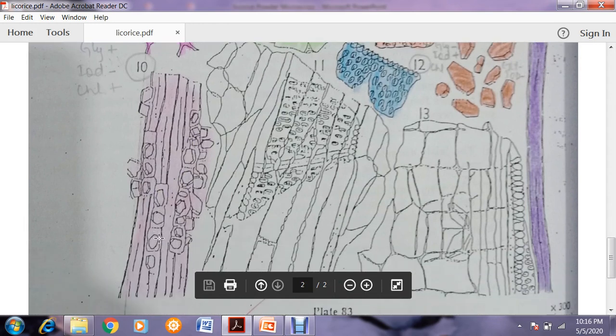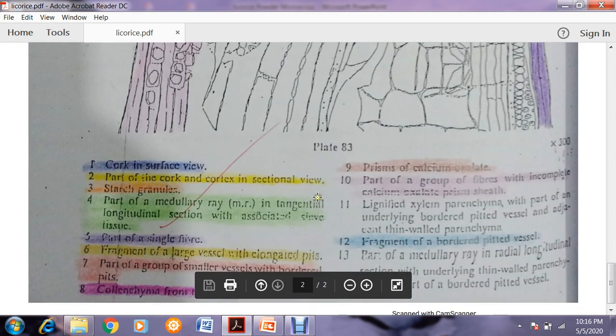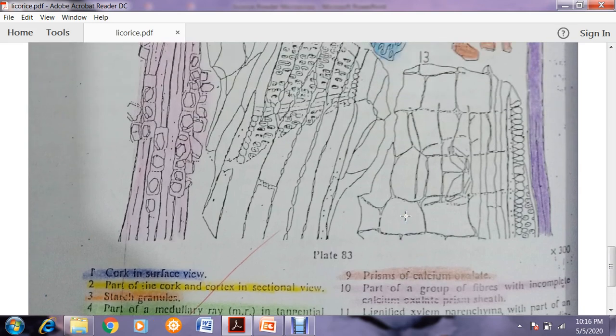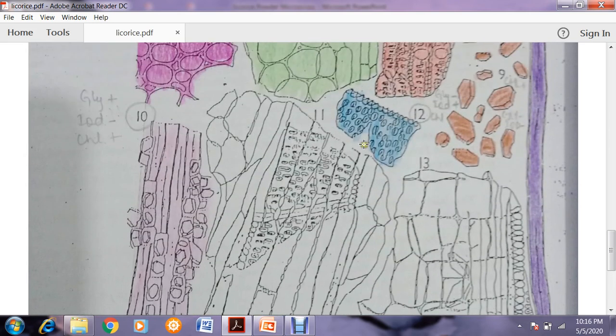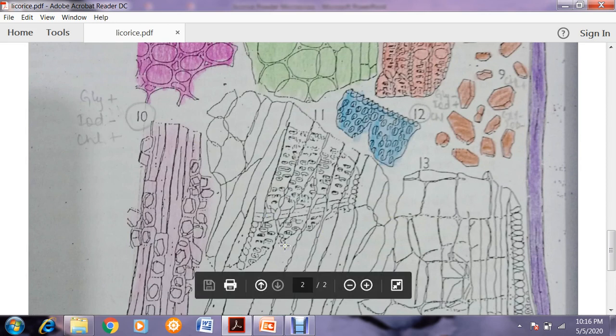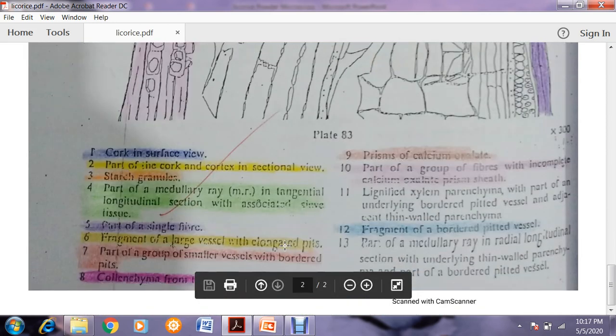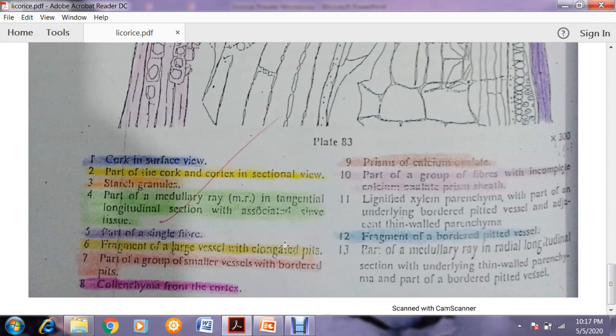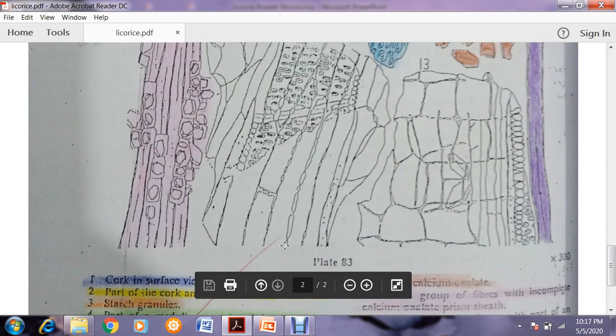Number 10, part of fiber covered with the calcium oxalate prism sheet. Then number 11, this one. What is this structure? 11, lignified xylem parenchyma with part of an underlying broad pitted vessel and adjacent thin wall parenchyma. This is xylem parenchyma with a pitted vessel.